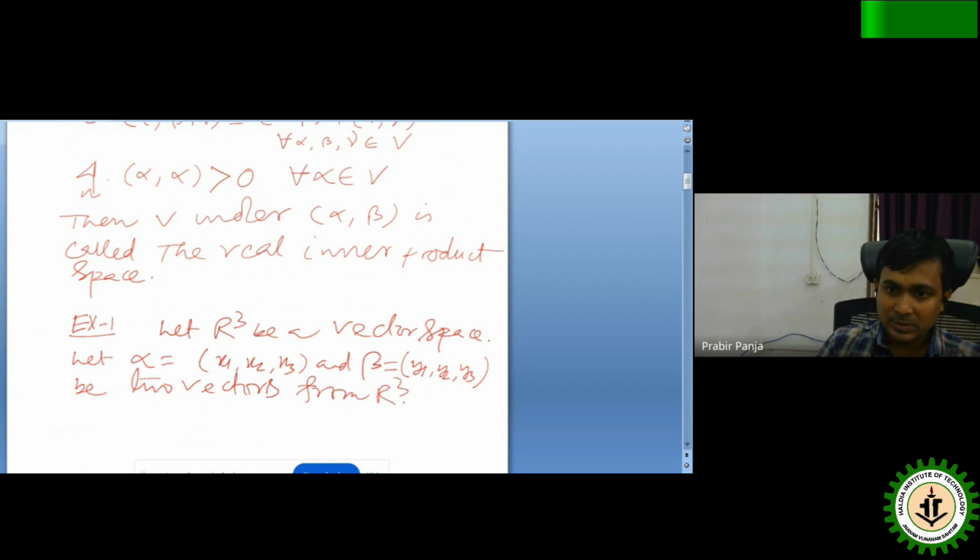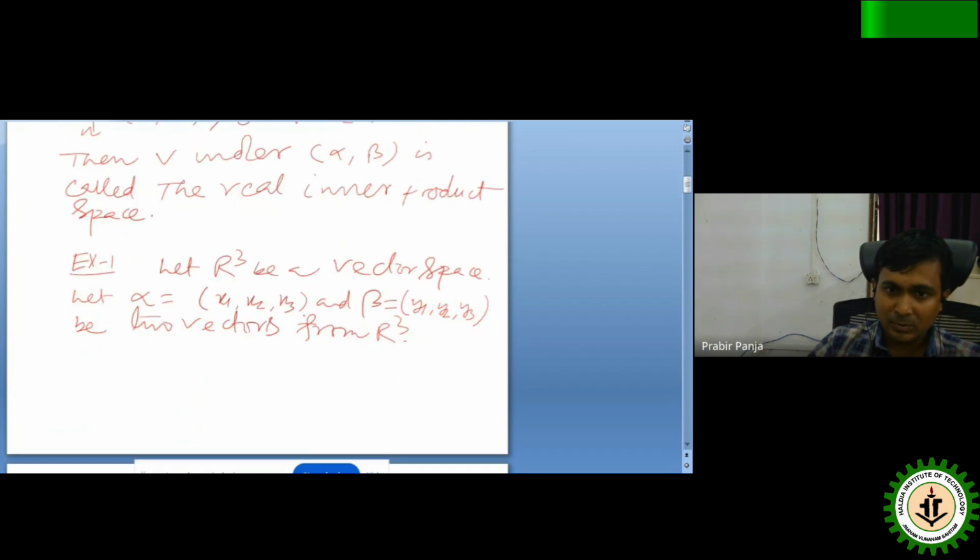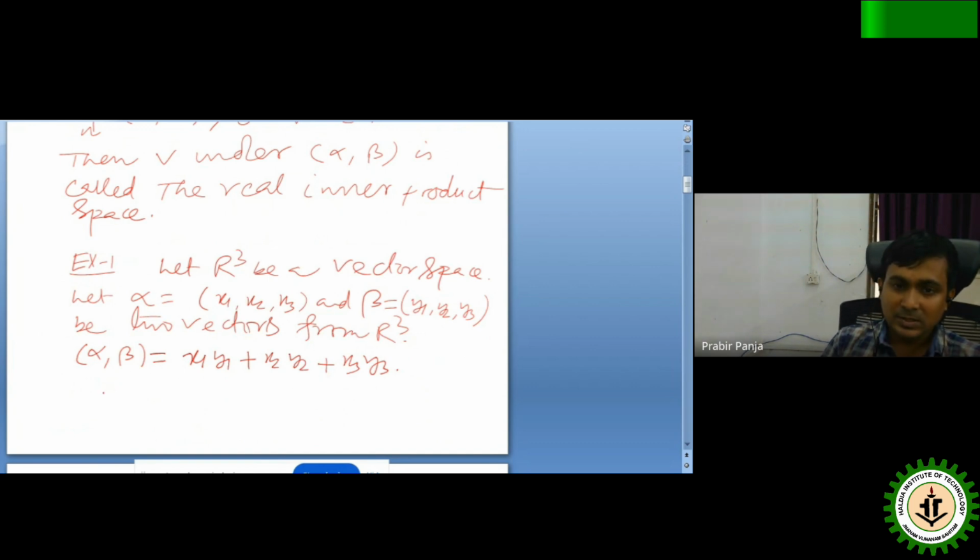Now, if we define the product rule between alpha and beta this way, the inner product is equal to x1 y1 plus x2 y2 plus x3 y3, then we'll check under this product rule whether R3 is a real inner product space or not.